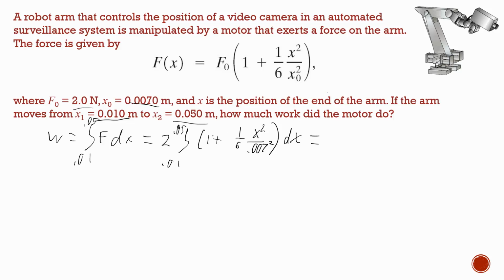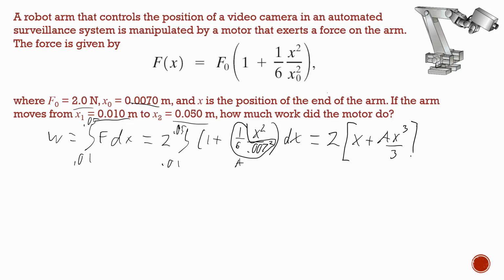Okay, now we take the integral and you do each term separately. So that 2 is out front. I'll put a big bracket here. That 1 just becomes an x. I'm going to plug this stuff in later, so I'm just going to call all of this stuff a because I don't want to write it a bunch of times. So I'm going to have a x cubed over 3.